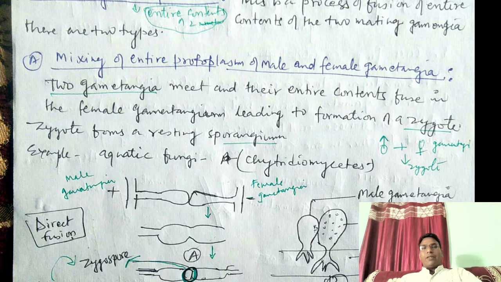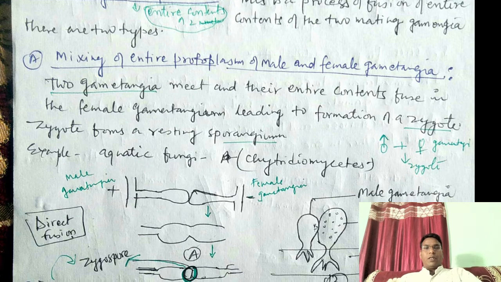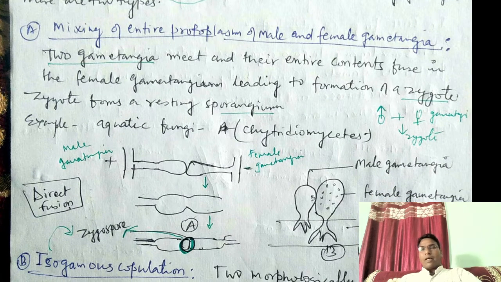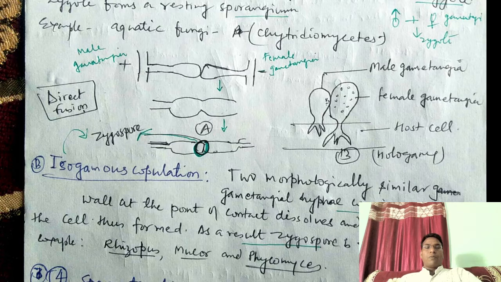The two gametangia meet and their entire contents fuse in the female gametangium, leading to formation of a zygote. The zygote forms a resting sporangium. This is common in aquatic fungi or Chytridiomycetes.